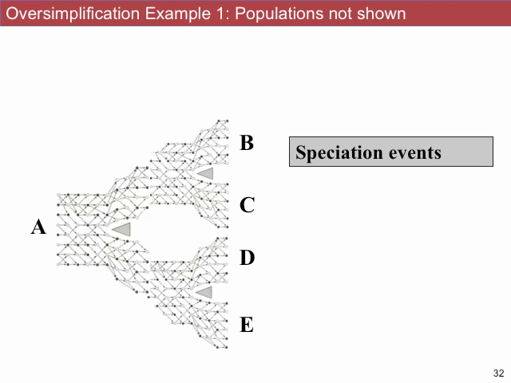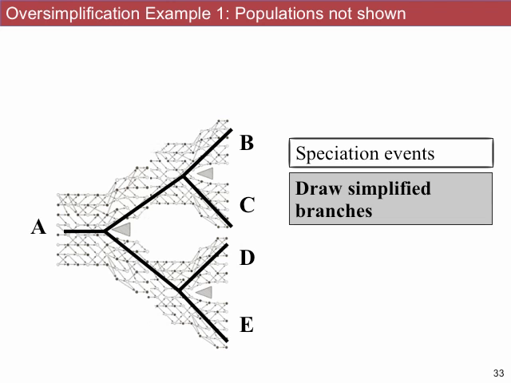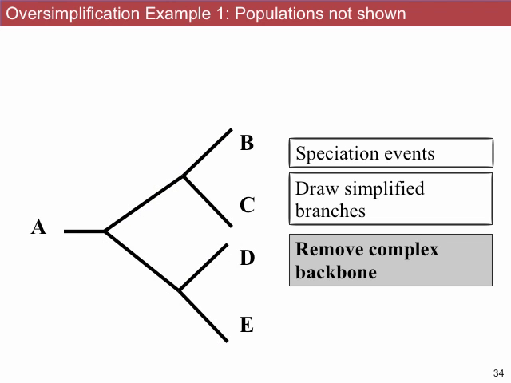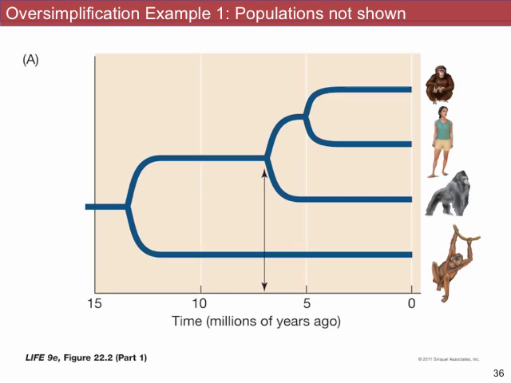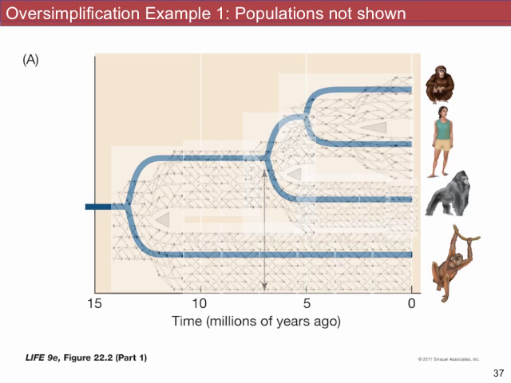Like when you draw sort of family tree diagrams, you can't draw them in one straight line because you have sexual reproduction and you have all sorts of other things going on in the population. And at some point, this lineage splits into two descendant lineages, and you get eventually two descendant species, B and C. So if we represented every single individual in the populations of these bunny rabbits, it would be a mess.